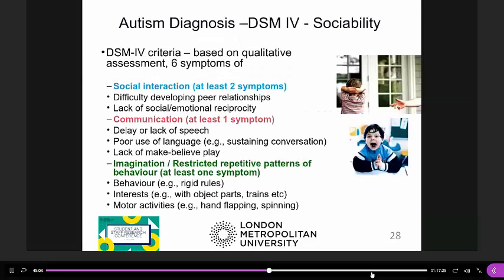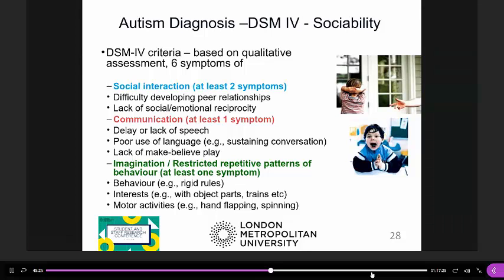So it's basically sociability which is impaired. So it's difficulty developing peer relationships, lack of social emotional reciprocity, delay or lack of speech, poor use of language, lack of sustaining a conversation, lack of make-believe play.